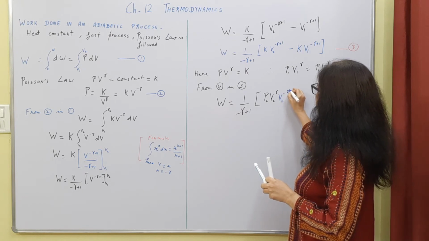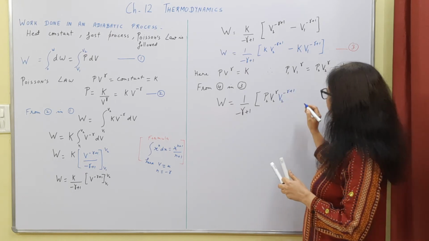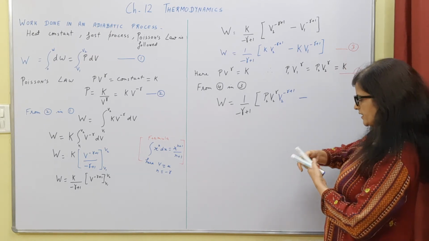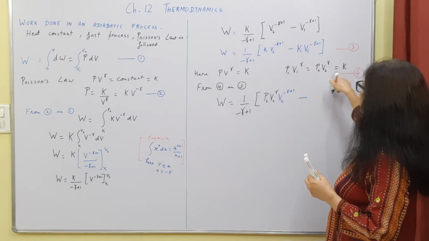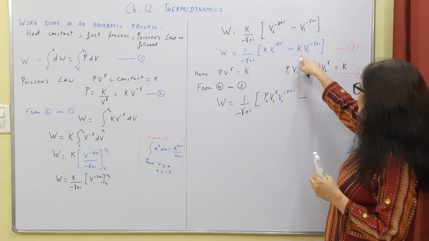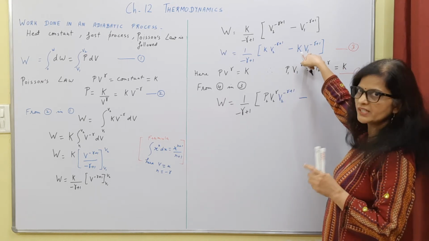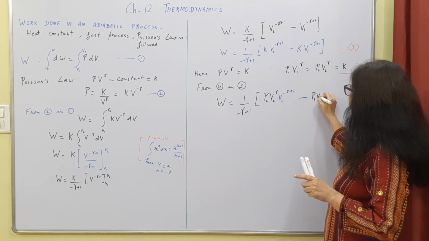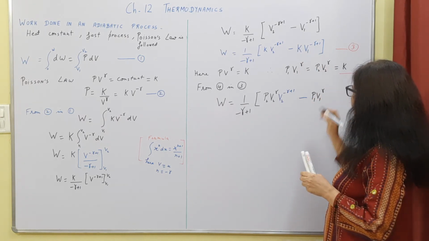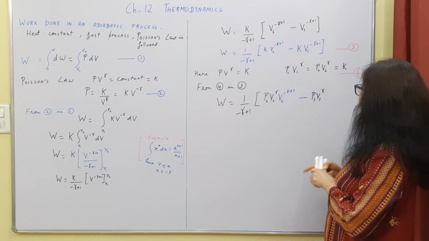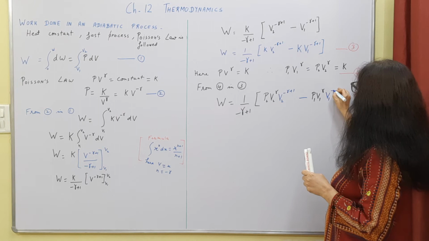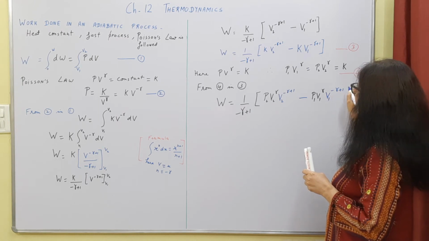This is minus gamma plus 1, minus as it is. Again for this k, what value of k will we put? This value. Why? Because here we have one suffix. So we will write p1 v1 to the power gamma into v1 to the power minus gamma plus 1 as it is.